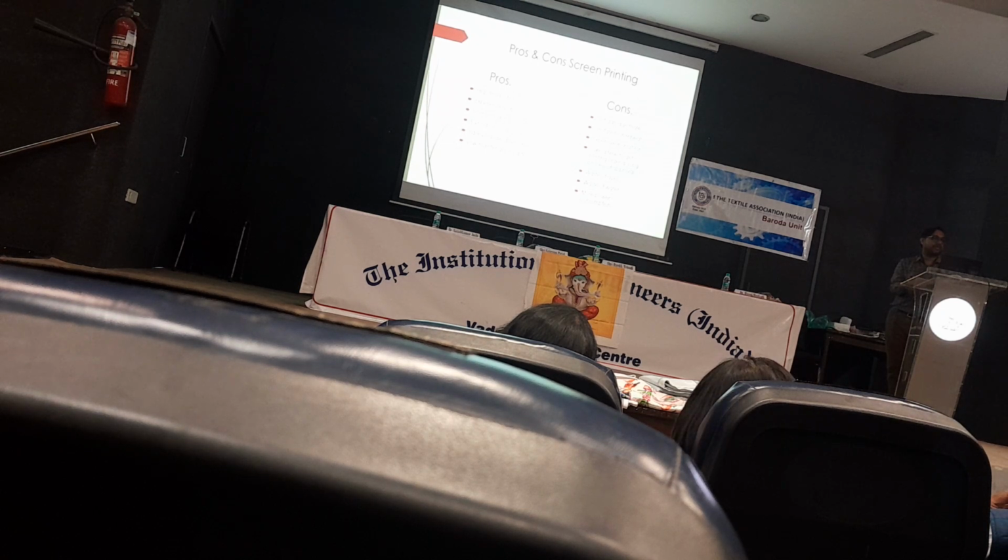From flat bed we can produce, practically as we can check in the process house, a maximum of 10 to 12,000 meters per day, and from rotary printing we can get a minimum of 25,000 to 50,000 meters per day. Experienced labor is available for rotary printing and screen printing today.